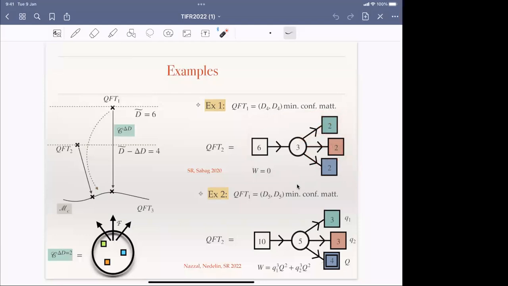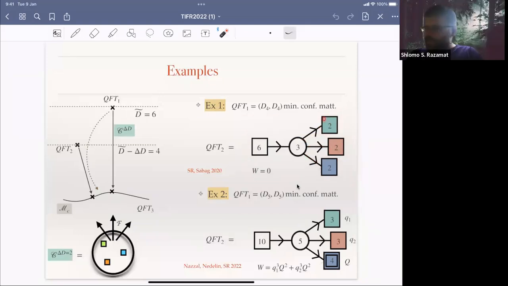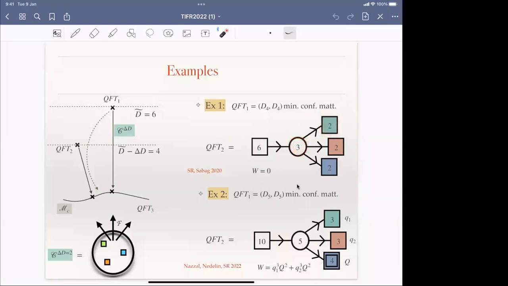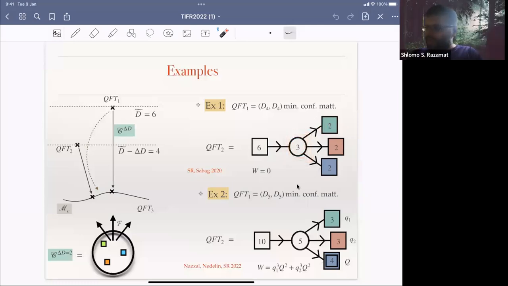So they are charged under different SU2 subgroups of the SU3, right? No. This SU2 is a global symmetry. It's not related to the SU3. This SU3 is not important. Think about it abstractly: as a quantum field theory, what is the global symmetry?